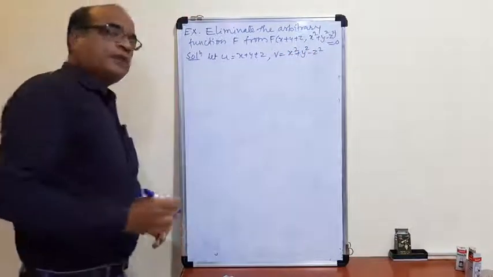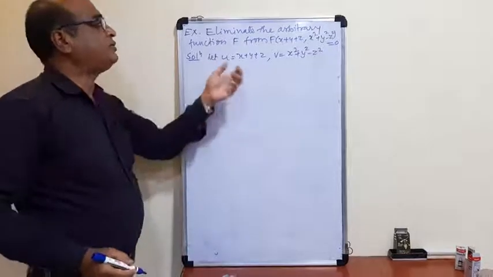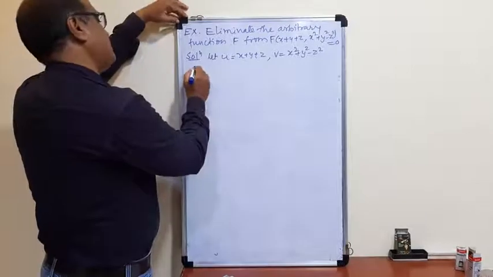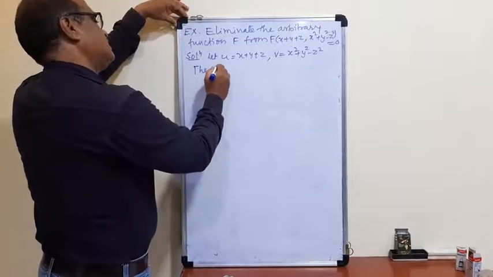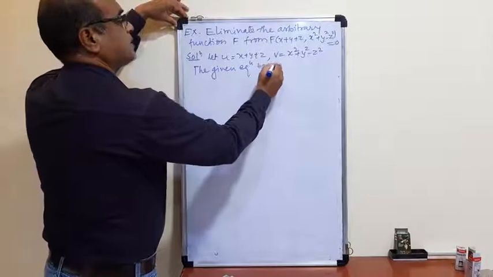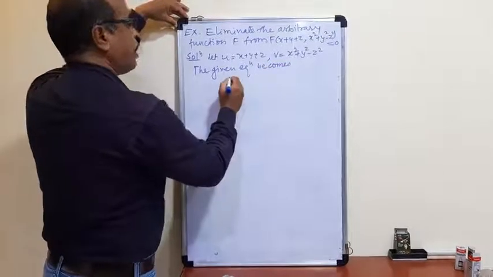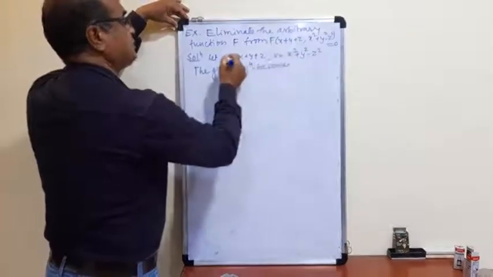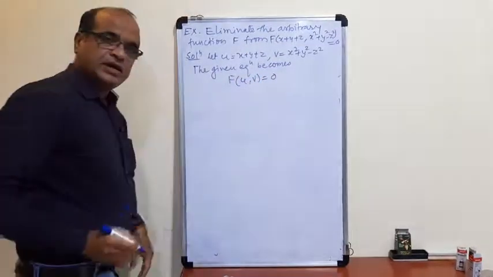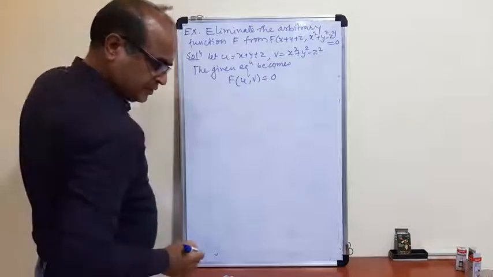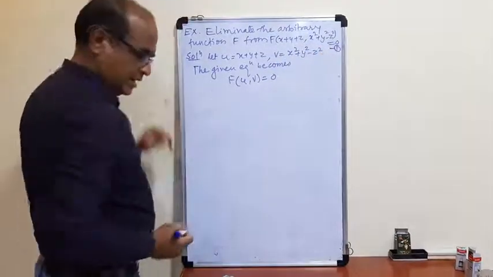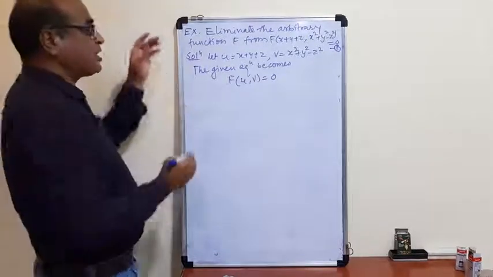Therefore, putting the values of u and v in this equation, the given equation becomes f of (u, v) is equal to 0. So this is equation number 1. Okay. So differentiate this partially.